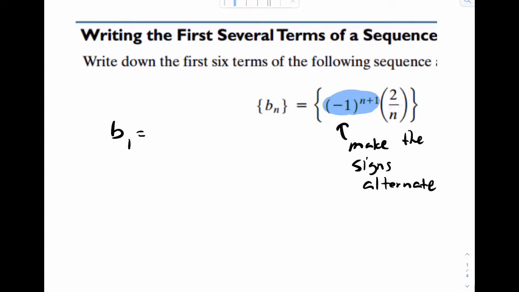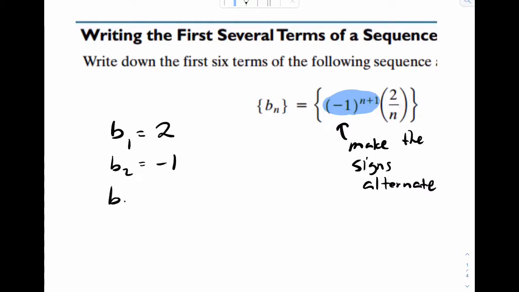So for example, let's plug in 1 right there. That's going to be positive 1 times 2, which is 2. Let's plug in 2. And I plug in 2 here, that makes the power odd, which makes this -1 cubed. So that's going to be -1 after you plug in 2 for both of these n's here.